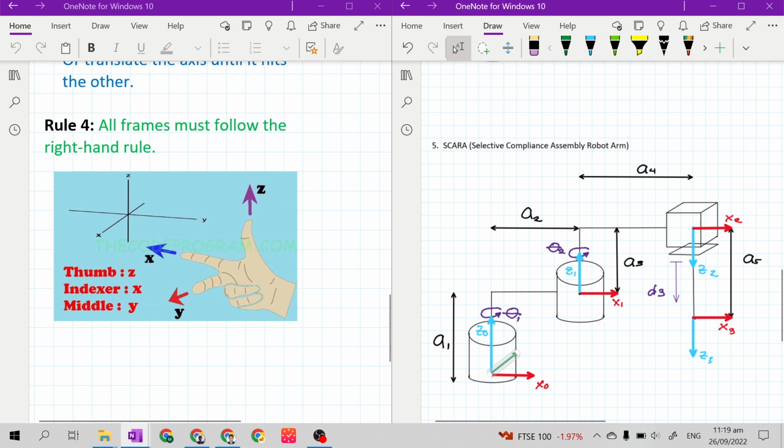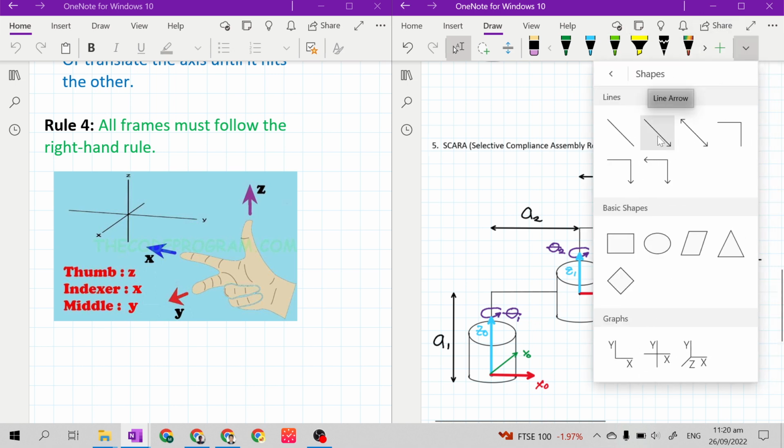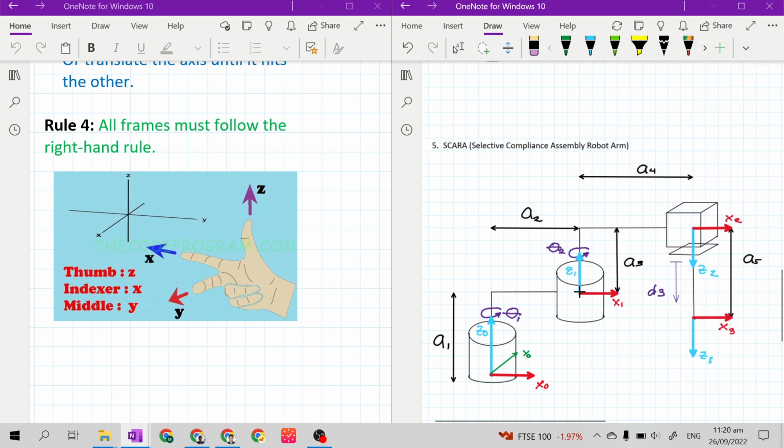So based on our right hand rule, the y-axis will point to the back. So this is our y sub 0. Next is y sub 1. So y sub 1 will also point at the back, because frame 1 is almost the same with frame 0.